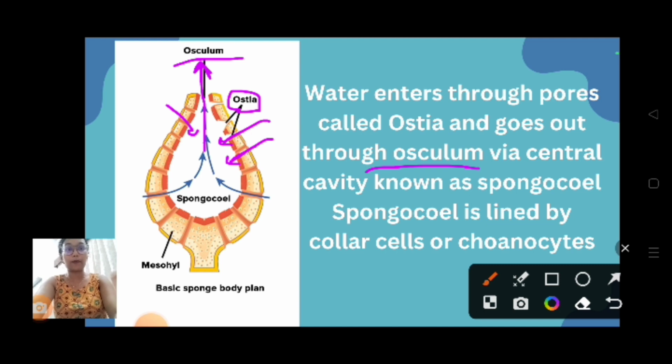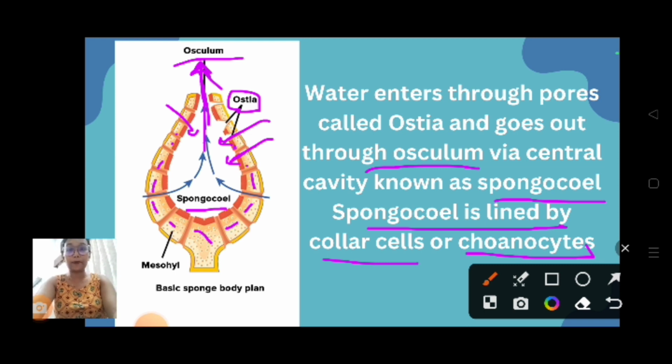This is the osculum, where the water goes out, via the central cavity. They have a central cavity called spongocoel. This spongocoel is lined by collar cells, or choanocytes.